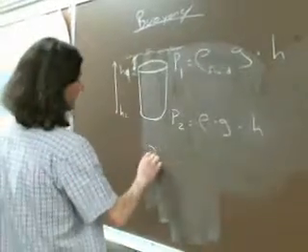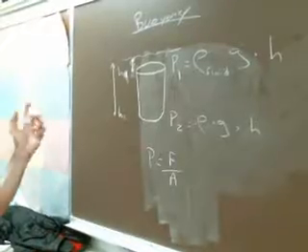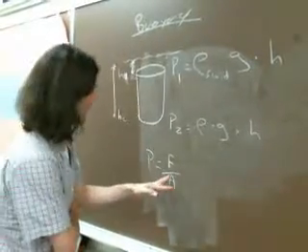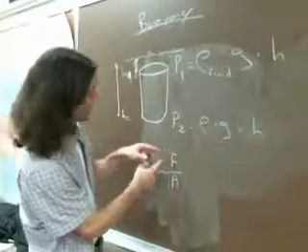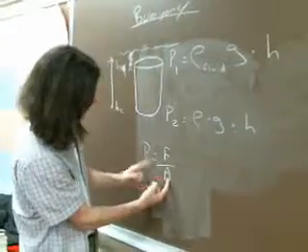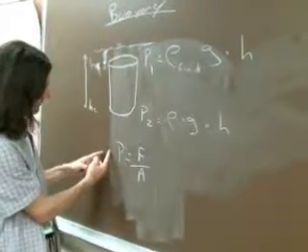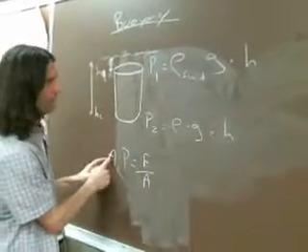So the pressure is also a force divided by an area. So forces are what push things. If I want to take a pressure and turn it into a force, I have to multiply that pressure by the area. So I will put the area there, and it's pressure times area.